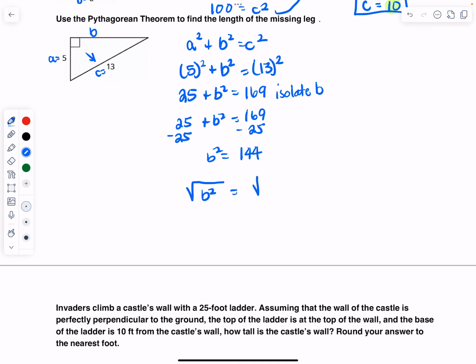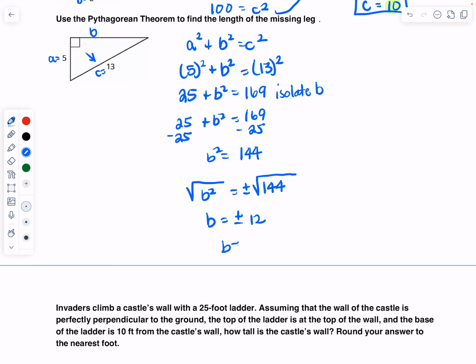And when I use the square root property, and that's what I'm using right now, remember I have plus or minus answers. One answer is plus, one's minus. So the square root of b squared is just b, and I get plus or minus the square root of 144. The square root of 144 is 12.